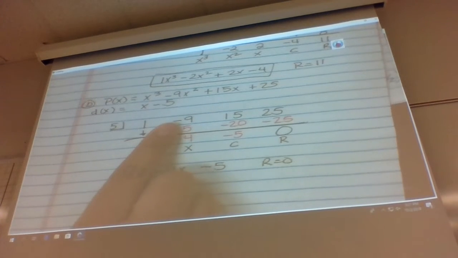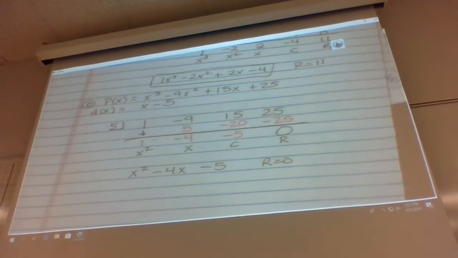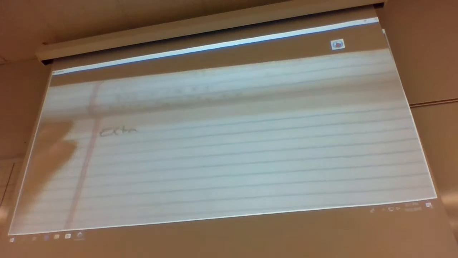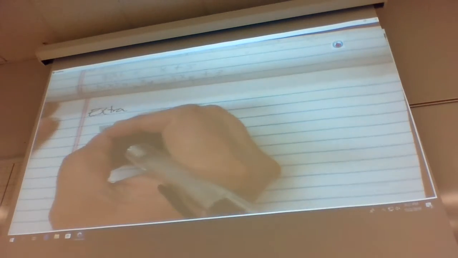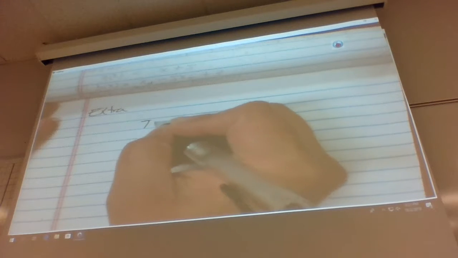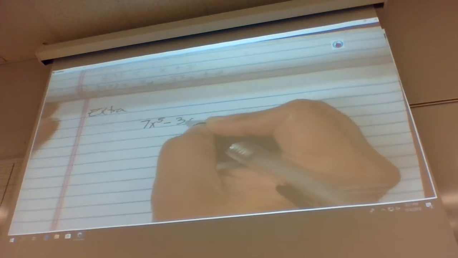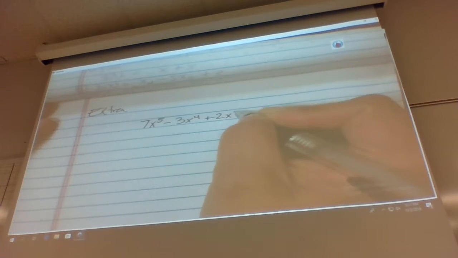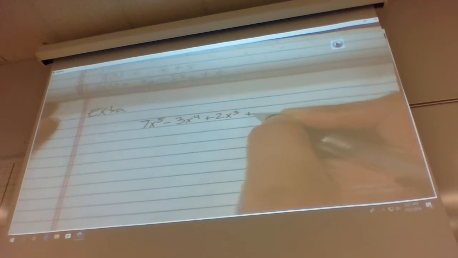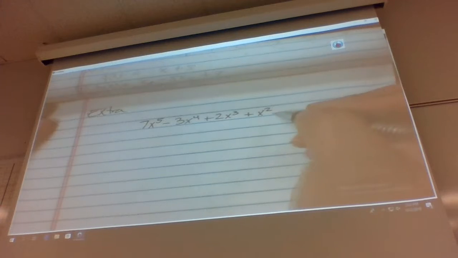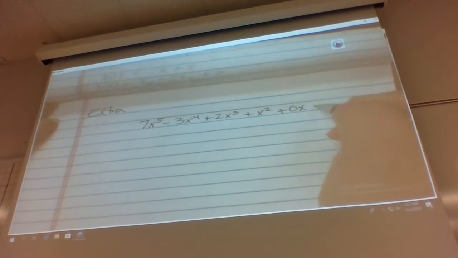I'm just gonna do one, and it's not gonna be an answer, just so you can see. This is extra, you don't have to write it down, just look. 7x to the 5th minus 3x to the 4th plus 0x minus 5, and we're gonna divide by x squared plus 3x minus 1.